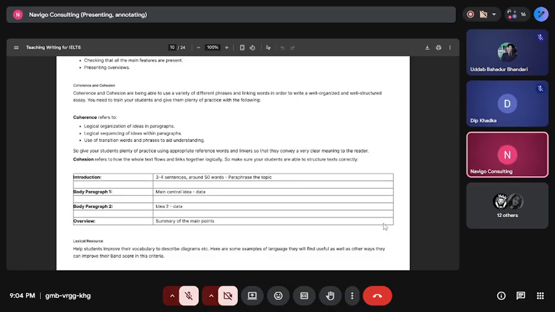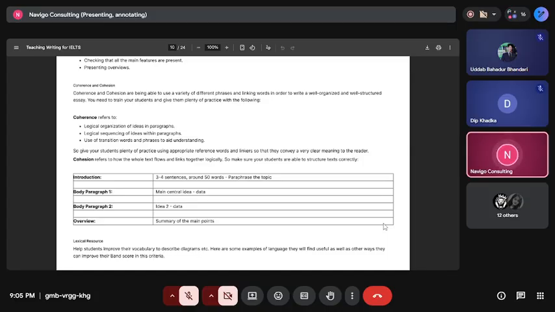So either in task 1 or task 2, whether you are writing data related questions or an essay, there is a specific format of writing, right? First of all, you write the introduction, and then you give body paragraph 1, body paragraph 2, and then you give the overview or the conclusion, right?